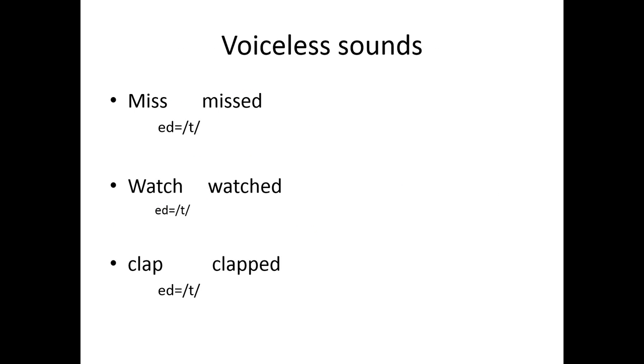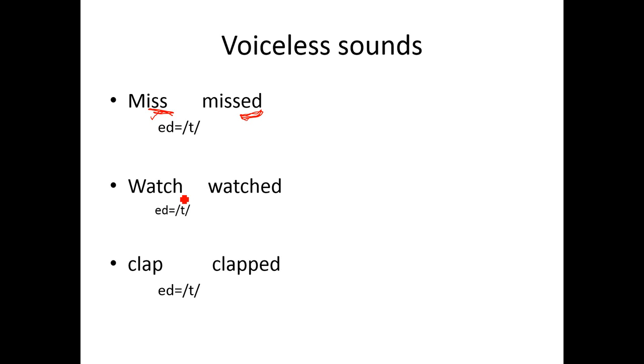Now, that voiced and voiceless connects to how we pronounce the ED. If the last sound of a verb, like the S in miss, is voiceless, or it's not moving, then the ED sounds like T. So miss, missed.